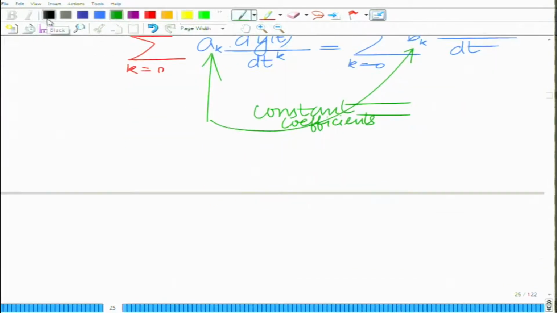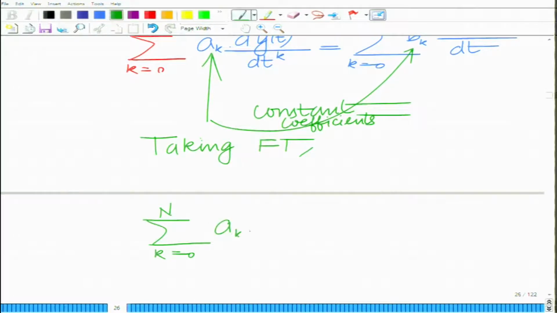Now, if you take the Fourier transform on both sides, we have summation k equal to 0 to n.